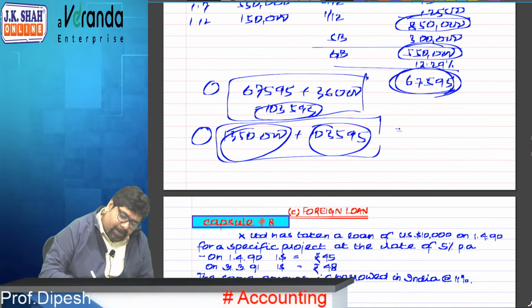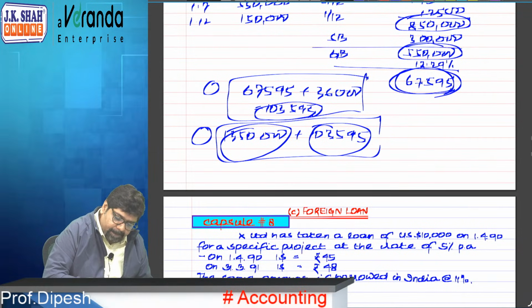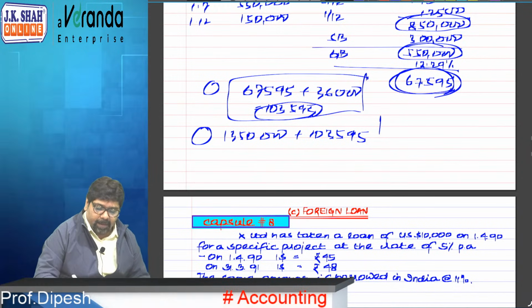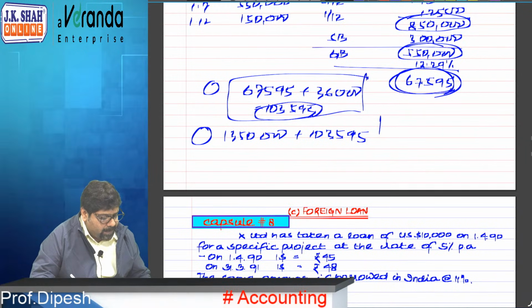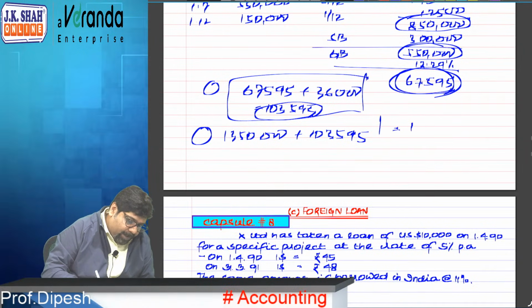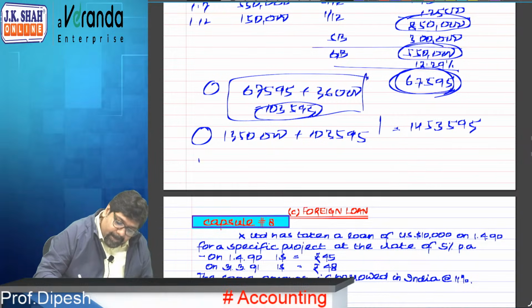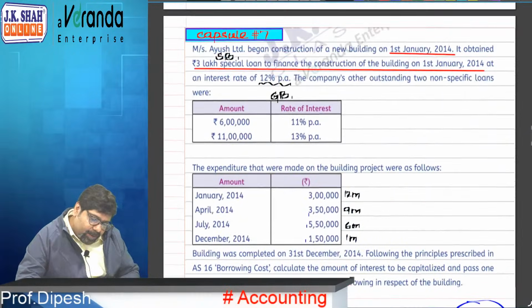Therefore, the total amount to be capitalized is 13,50,000 plus 1,03,595, which is equal to 14,53,595.